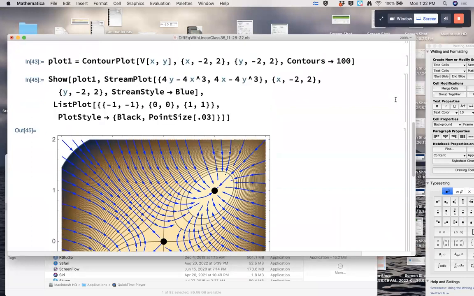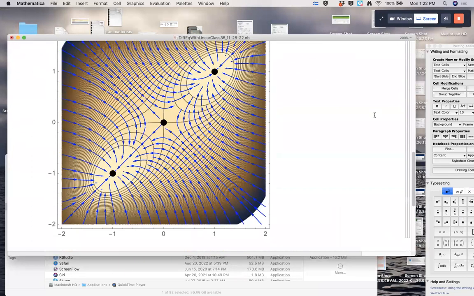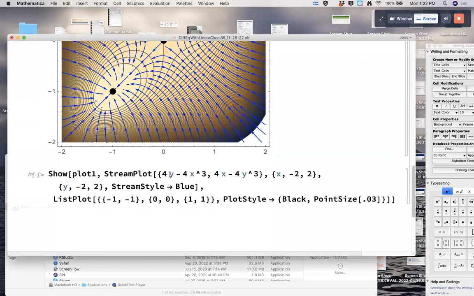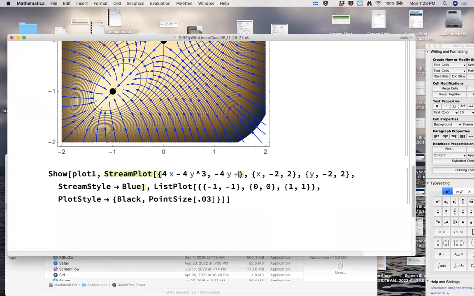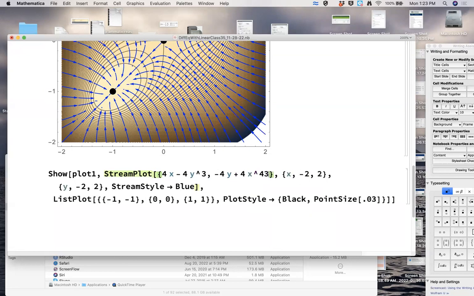Let's copy and paste this code and change my vector field to being this thing for the first component, and the second component was negative 4y plus 4x cubed.